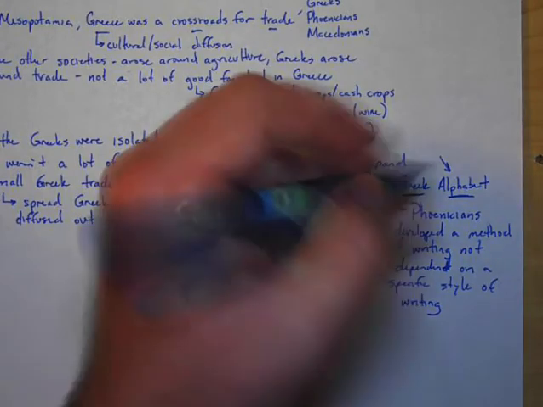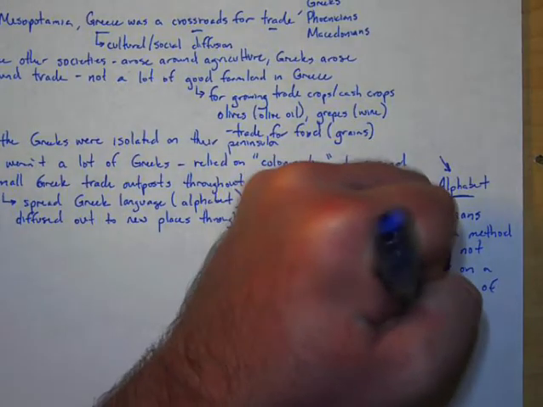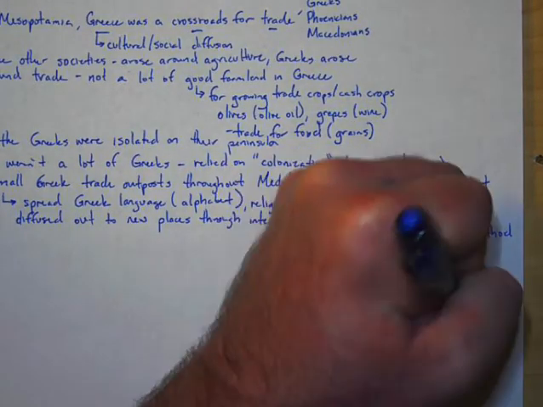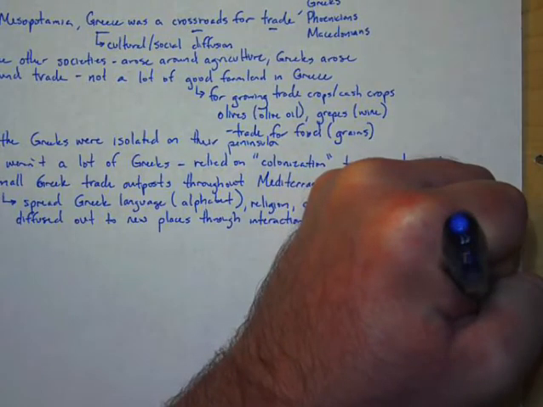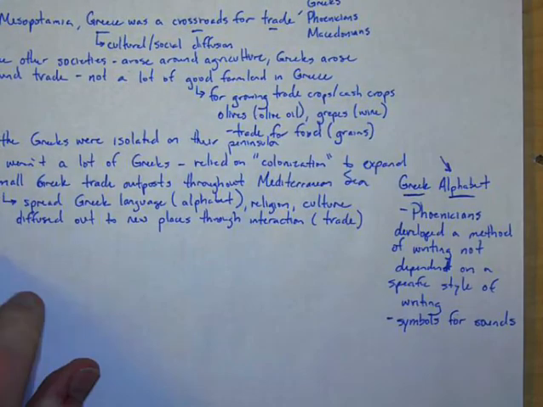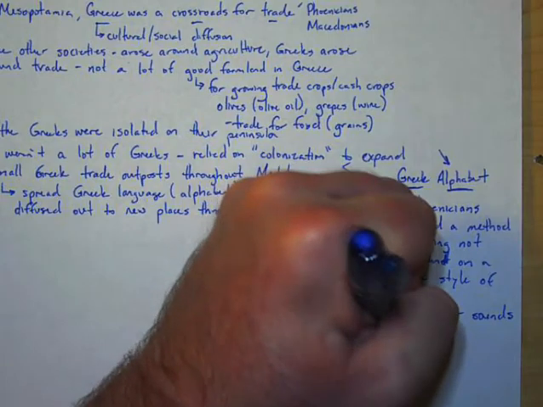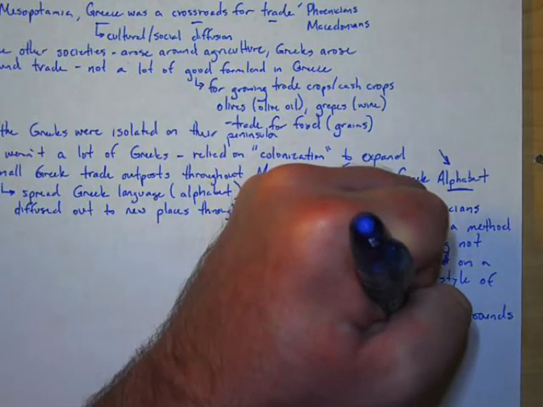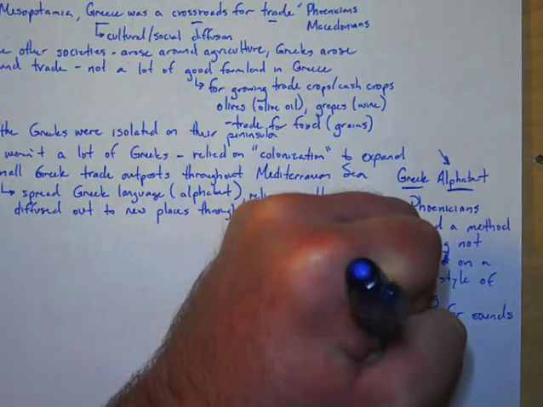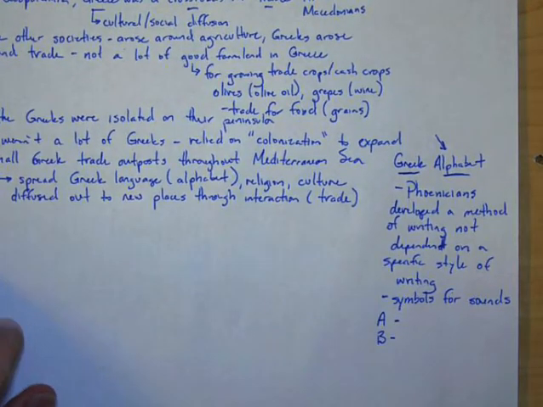But what the Phoenicians did is they created symbols for sounds. Like this symbol makes a certain sound, and this symbol makes a certain sound. And so what they did was they created a phonetic alphabet. And that's actually where we get the word phonics from.